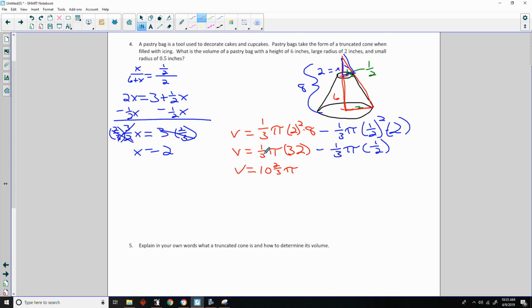Minus 1/3 times 1/2, which is 1/6 pi. So I'm going to change this to 4/6 so we can subtract. So our volume is going to equal 10 4/6 minus 1/6, which would be 10 3/6, or 10 1/2 pi inches cubed.